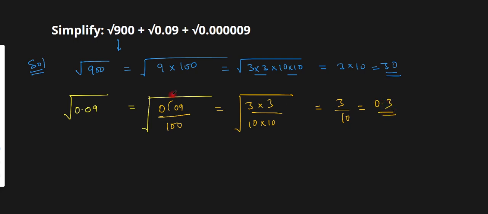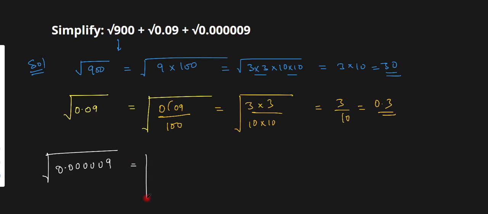Now the third is you have square root of 0.000009. I think 1 2 3 4 5, 5 zeros, right? 1 2 3 4 5, 5 zeros are here, right?